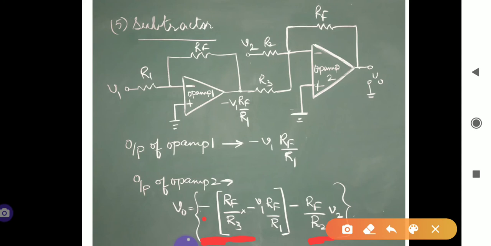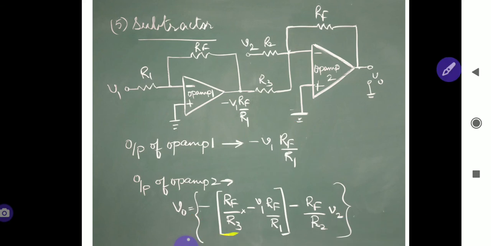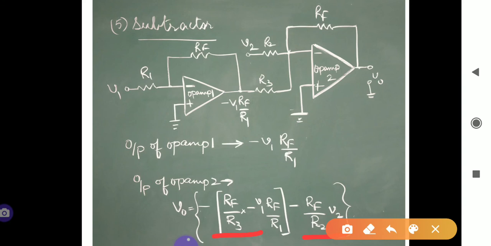Both of them are going into the inverting terminals, so both of them have minus signs, but the output of the first op-amp already has a minus sign, so this minus you have to multiply with this minus. So this will become positive and this will continue to remain negative.